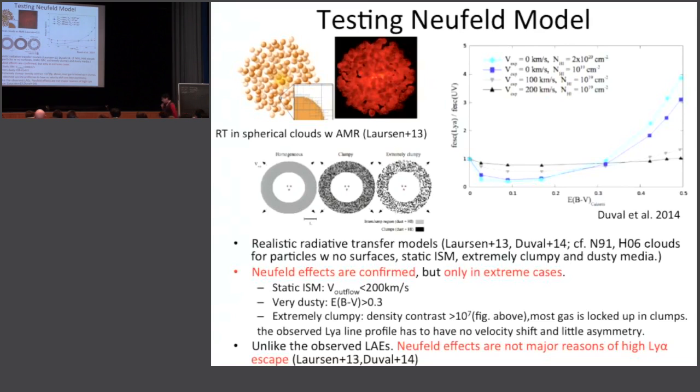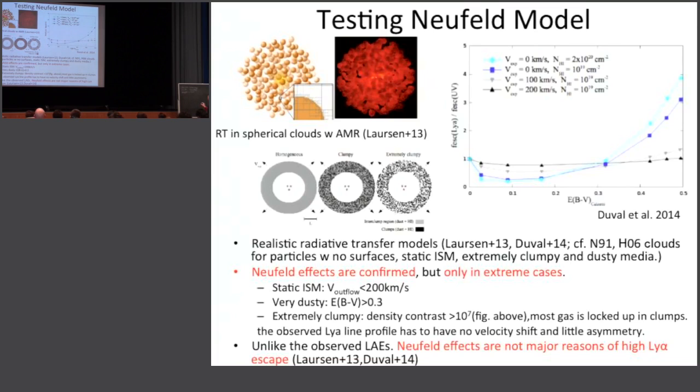In the past few years, people now have the great advantage of the calculation power of simulations, and they made realistic models of the clumpy ISM. There are two efforts, two studies.